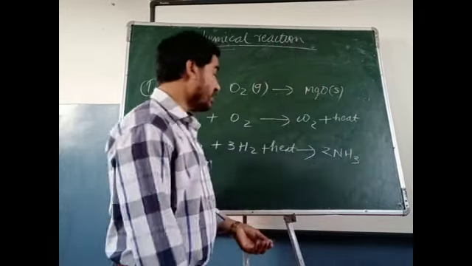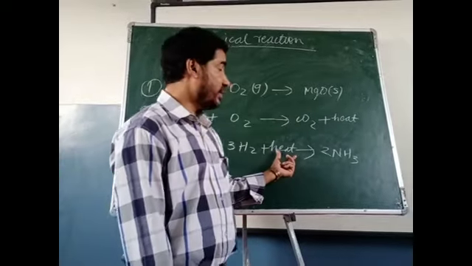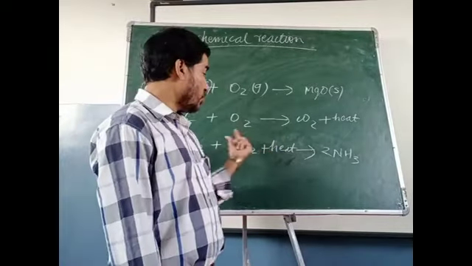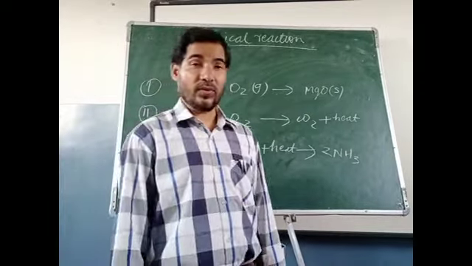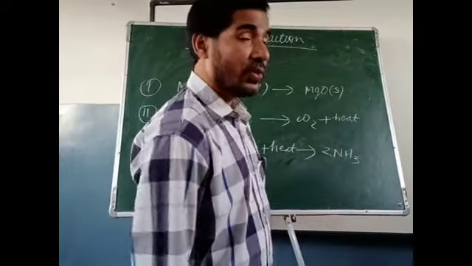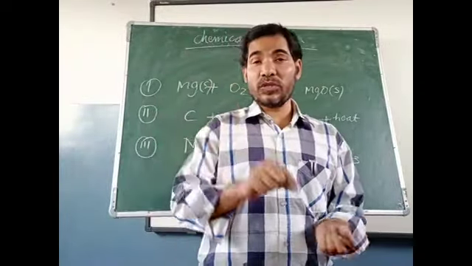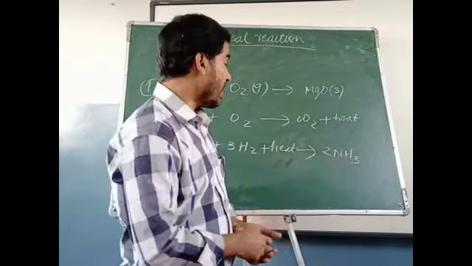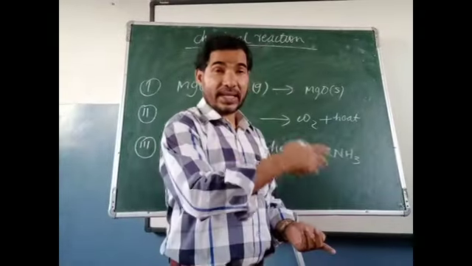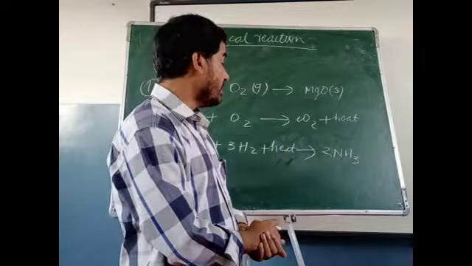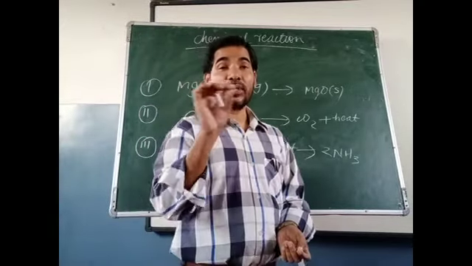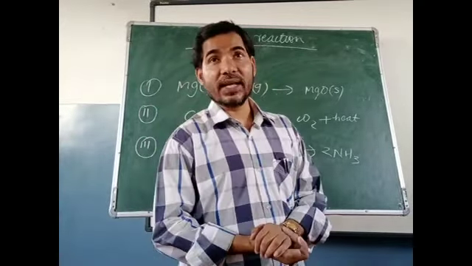You are seeing, I have written heat with positive sign towards the left hand side of the arrow. It means if in a chemical equation heat is written with positive sign towards the reactant side, then it is the example of endothermic reaction. Because what is an endothermic reaction?